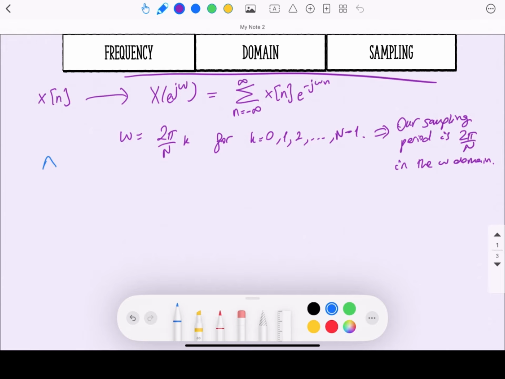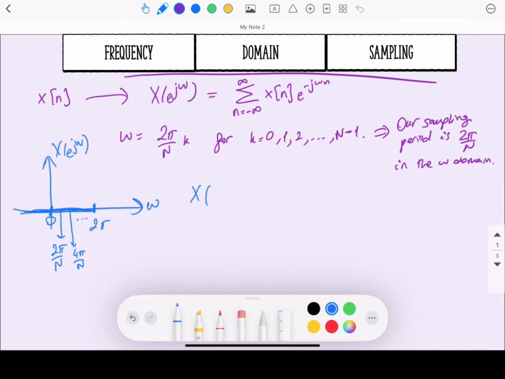So we had this X of e to the j omega, where omega was a continuous variable between 0 and 2 pi, and we sampled it at the points 2 pi over N, 4 pi over N, till 2 pi.